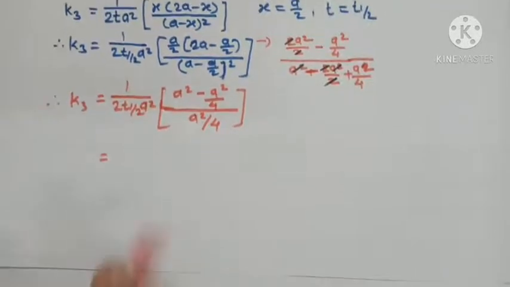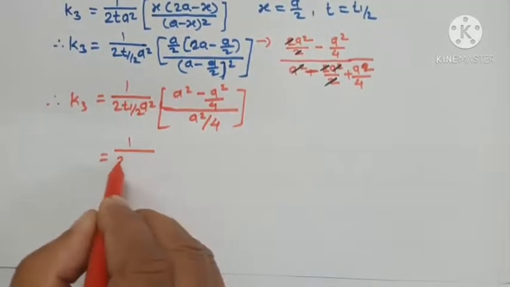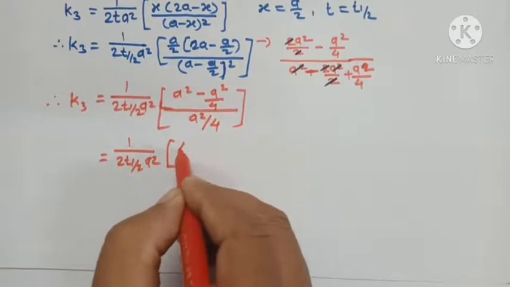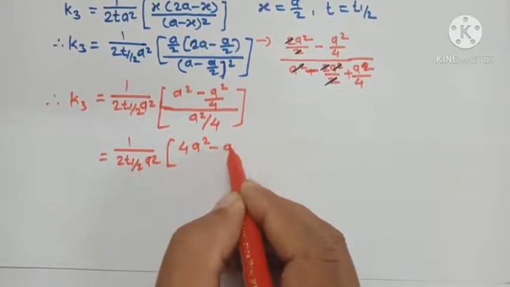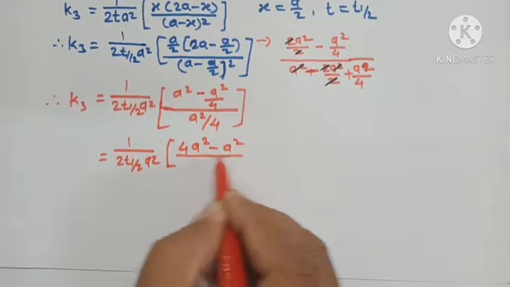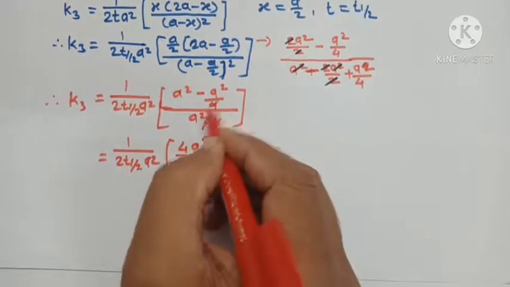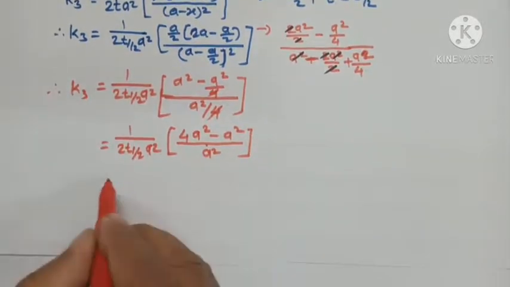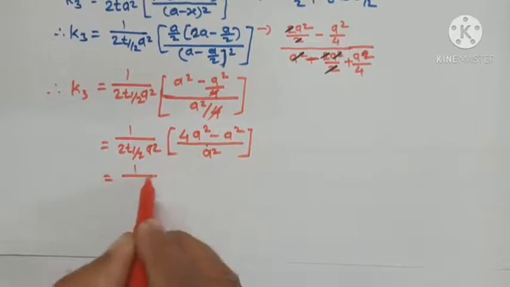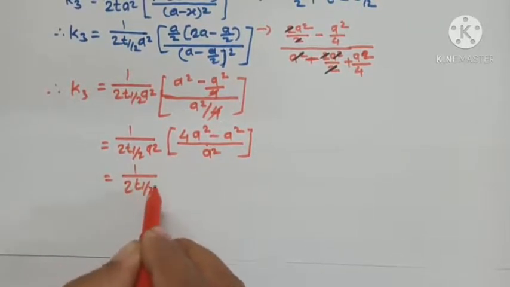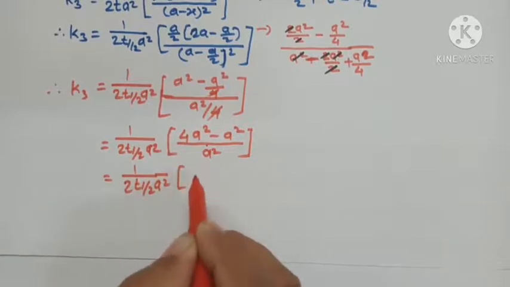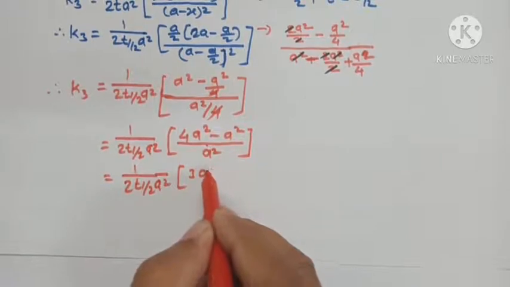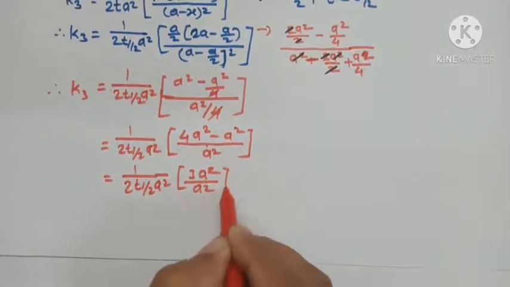Is equal to 1 upon twice t half a raised to 2 multiplied by (4a square minus a square). This 4 gets cancelled with this 4 upon a square. So is equal to 1 upon twice t half a raised to 2 multiplied by thrice a square upon a square.